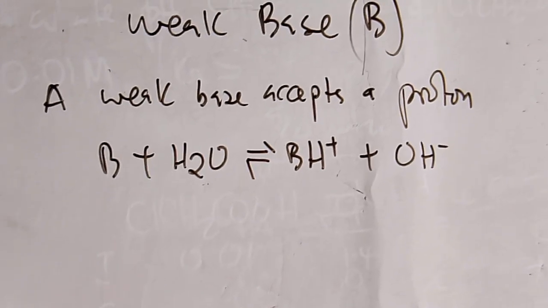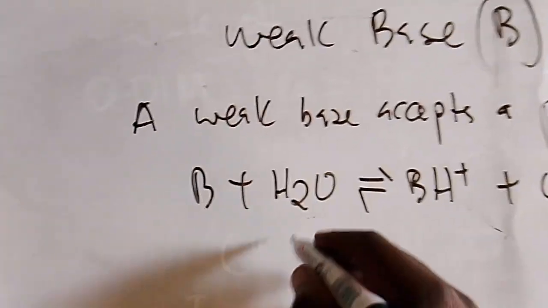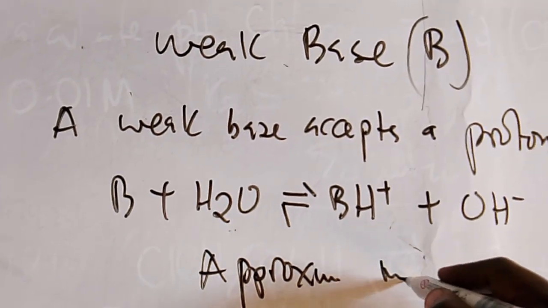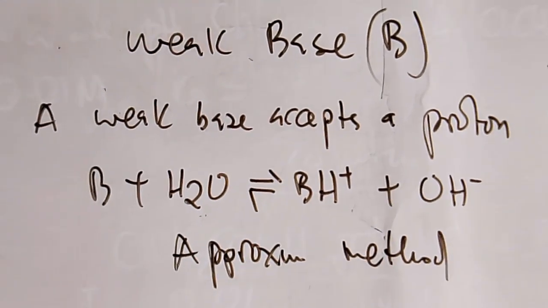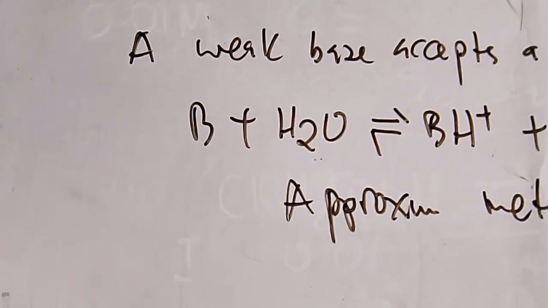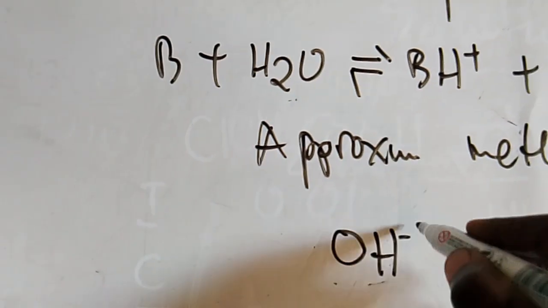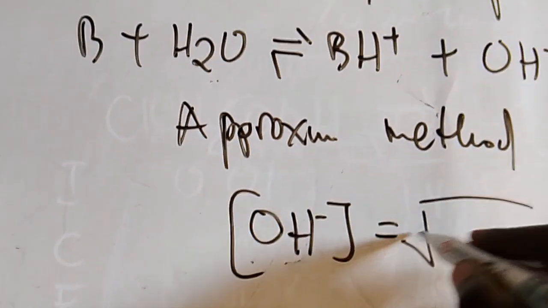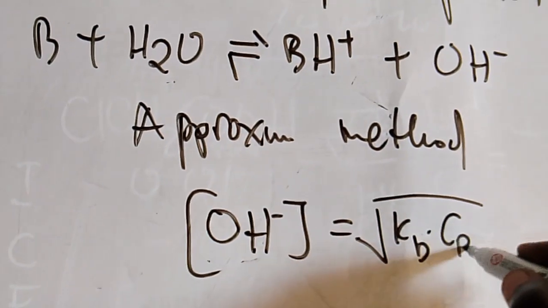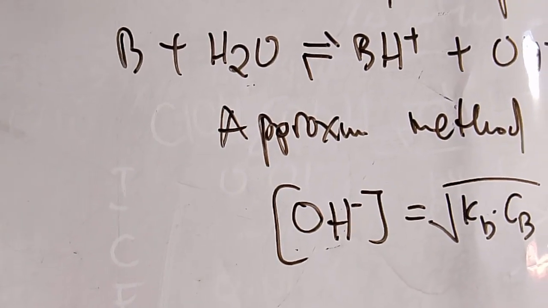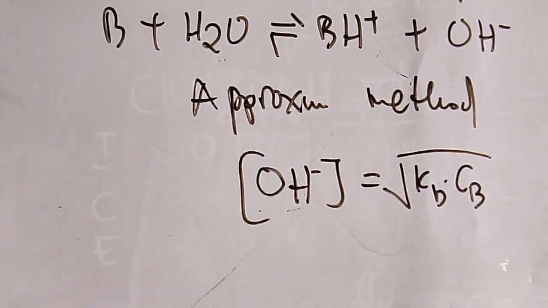Using the approximation method, like the one we have done for an acid, hydroxide ion concentration is equal to root Kb times the concentration of the base.